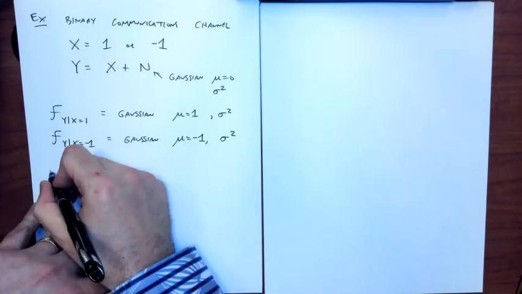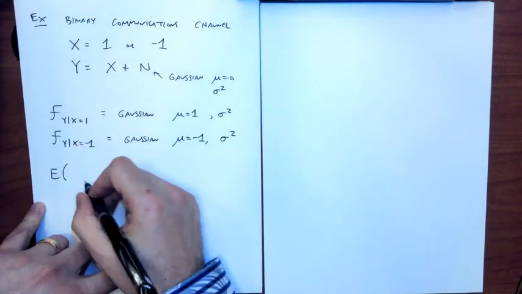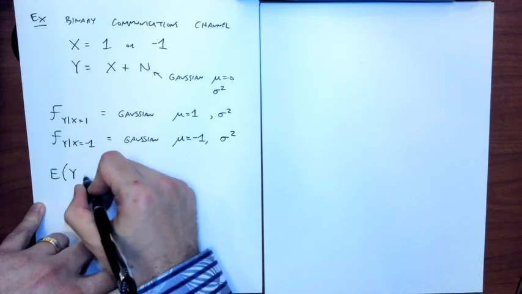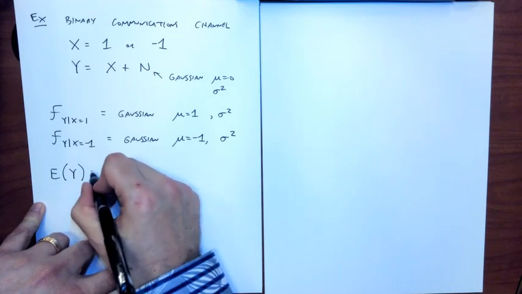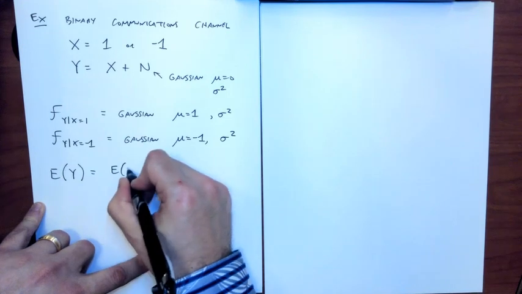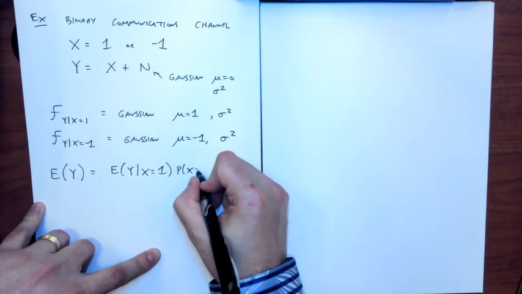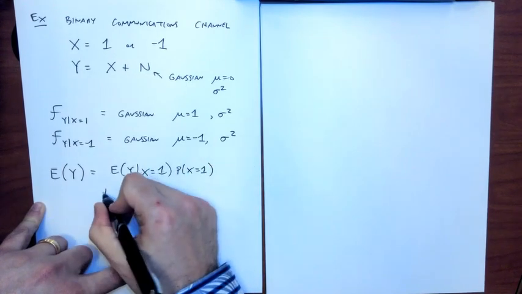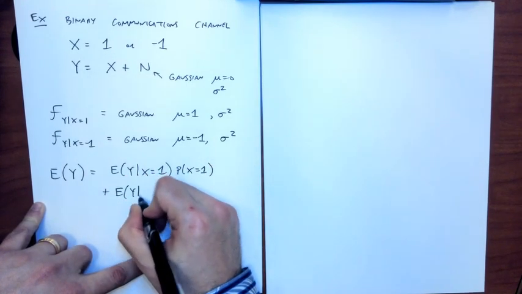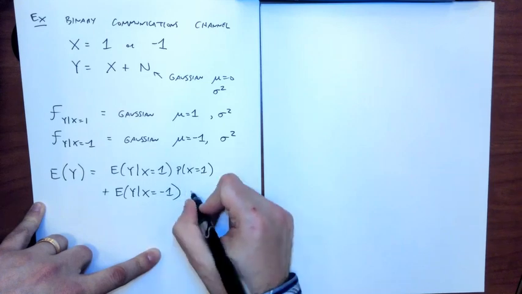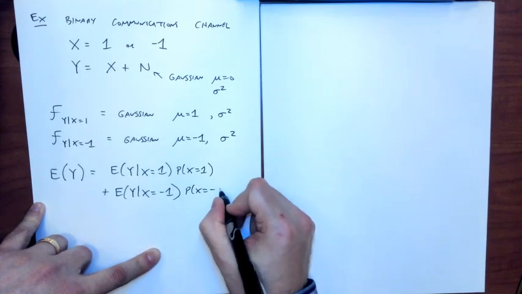And so if I want to know the expected value of y overall, it's going to be the expected value of y given x equals 1 times the probability that x equals 1, plus the expected value of y given x equals -1 times the probability that x equals -1.